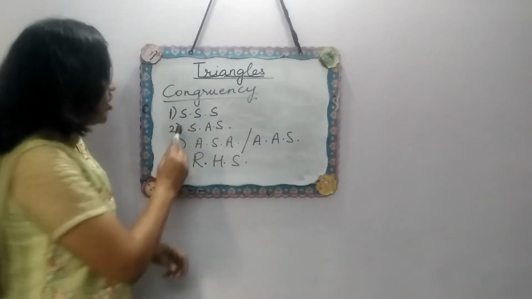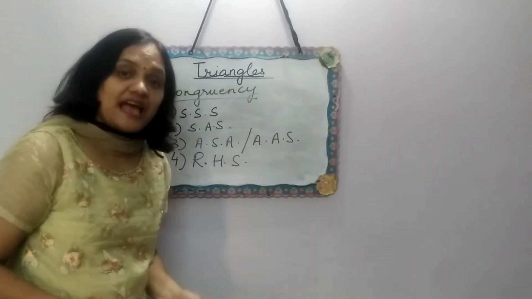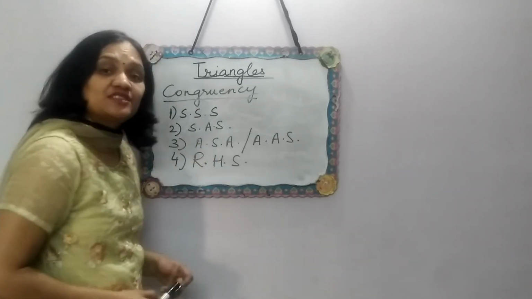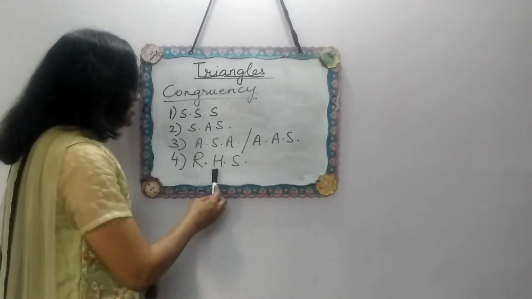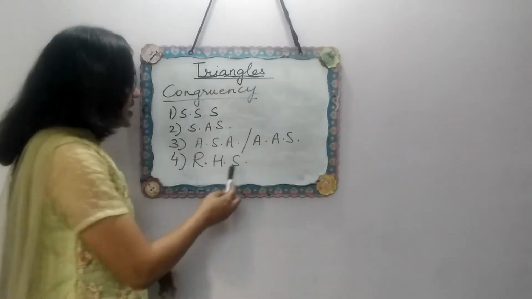Now what is the meaning of S over here? S stands for side, A stands for angle, R stands for right angle, H stands for hypotenuse, and this S again stands for side.